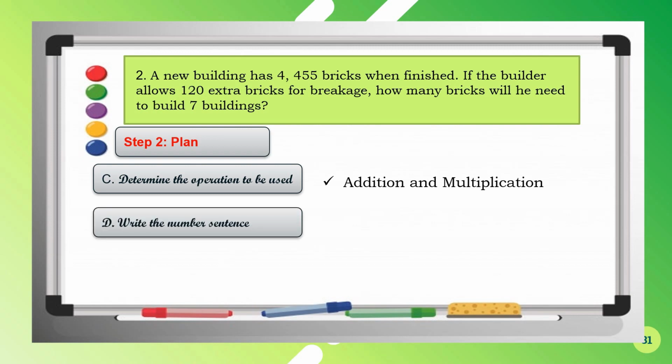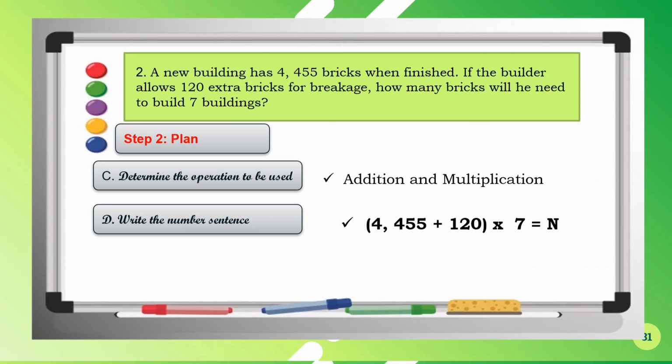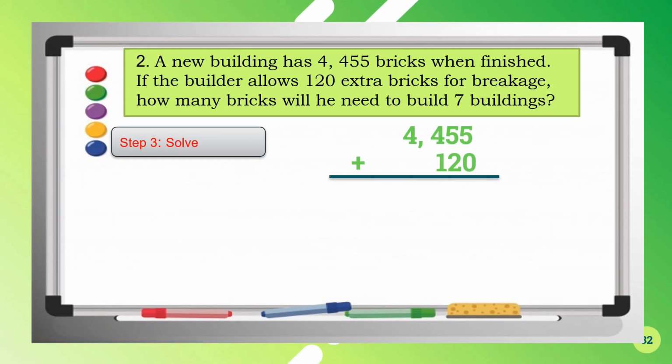So to write the number sentence, we need to add the bricks per building and the extra bricks for breakage. Then multiply it by 7. So we have (4,455 + 120) times 7 equals n, where n stands for the total number of bricks needed to build 7 buildings. So step 3 is solve.